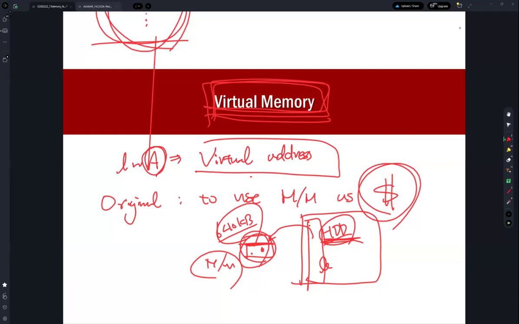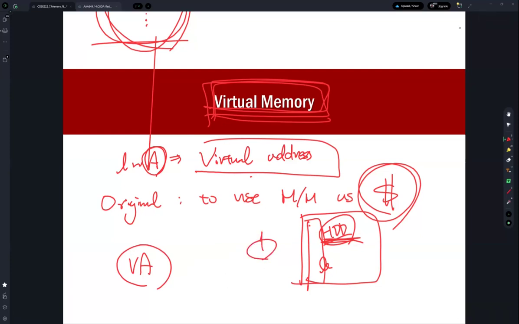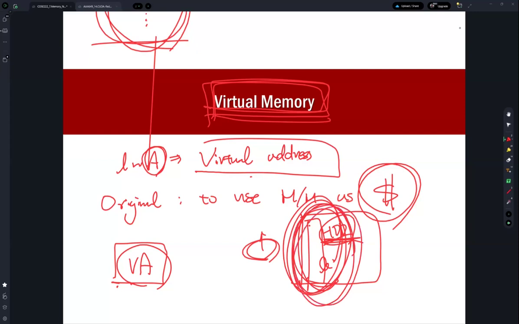It means using the virtual address. Even though the physical memory, the real memory, is very, very small, we can define a virtual memory space on the hard disk drive. This is very large, right? So we can access the hard disk drive. But what's the problem?